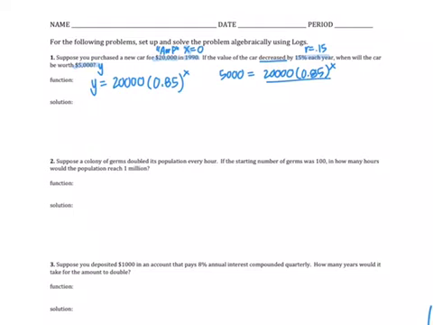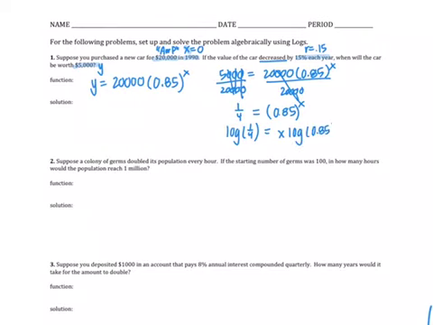So I'm going to divide both sides by 20,000 in order to get the base by itself, which I have 0.85 to the x, and then this is going to be 1/4. Then I'm going to take the log of both sides now that I have the base by itself. So I'm just going to say log of 1/4 equals x log of 0.85. And I know that I can do that because this x is an exponent.